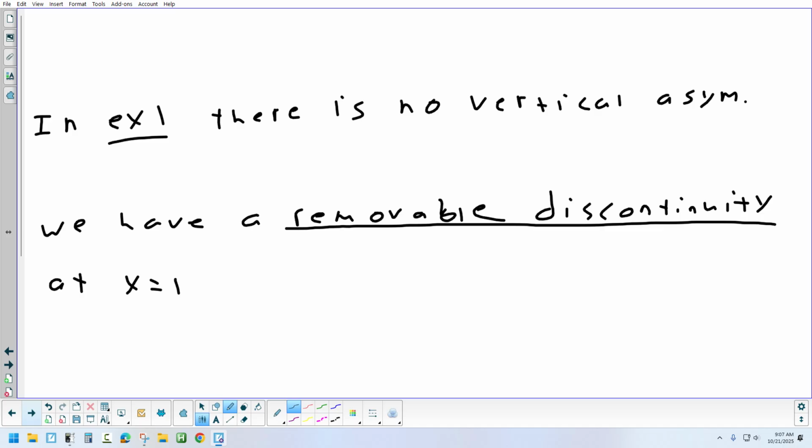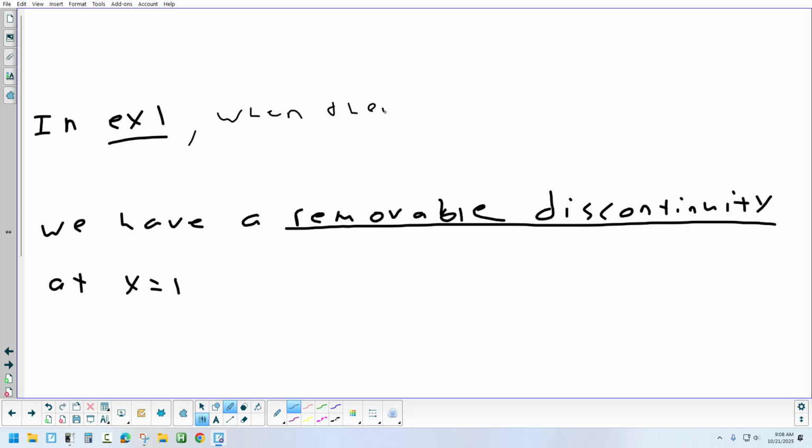All right, I don't want to say in example 1 there were no vertical asymptotes, because some had holes and some didn't. So let me just rewrite that. In example 1, when there was no vertical asymptote, we have what's called a removable discontinuity.